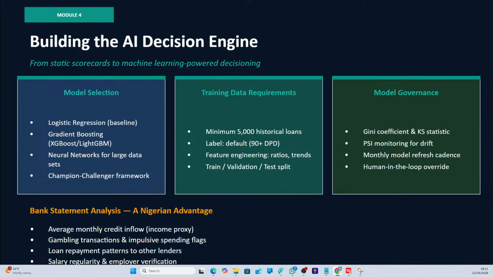In terms of metrics used to measure the effectiveness of your model, we have the Gini coefficient and the KS statistics. This might sound big, but in subsequent webinars, we're going to break down how this impacts the PD of a customer as far as credit is concerned.